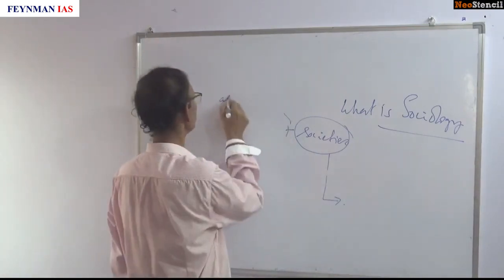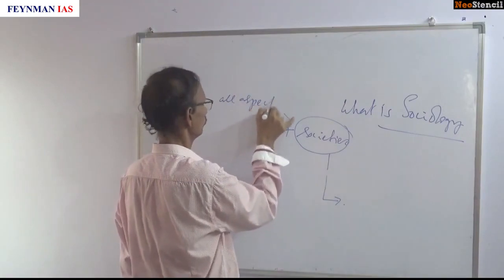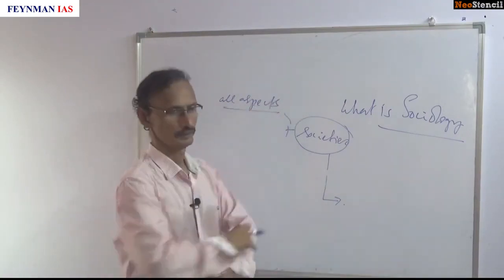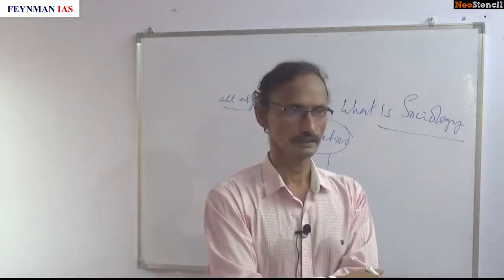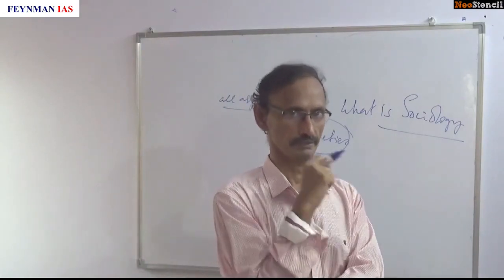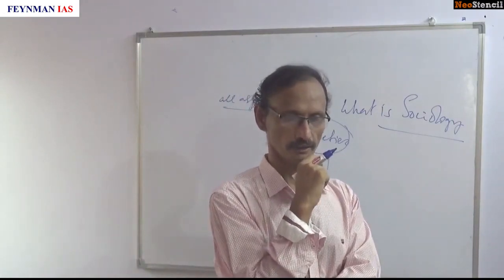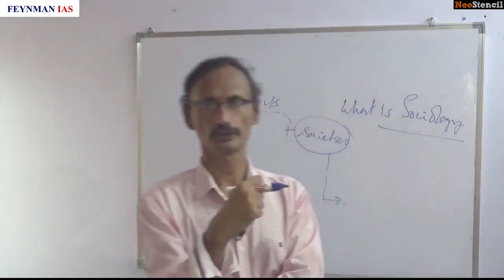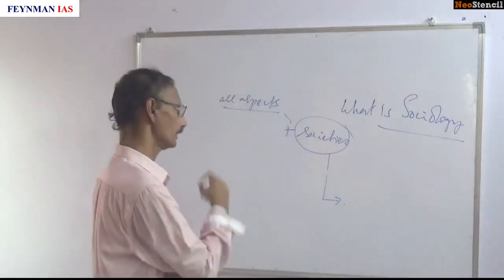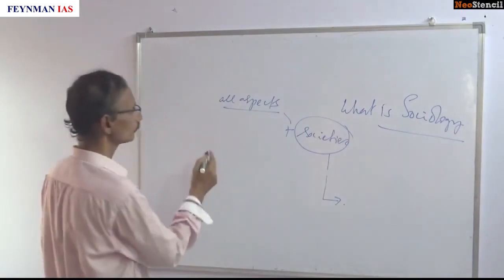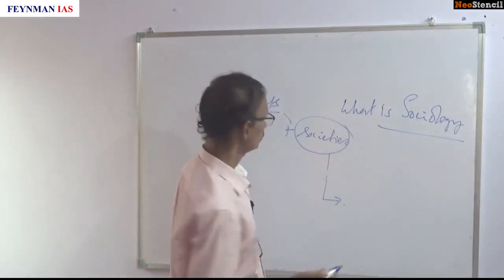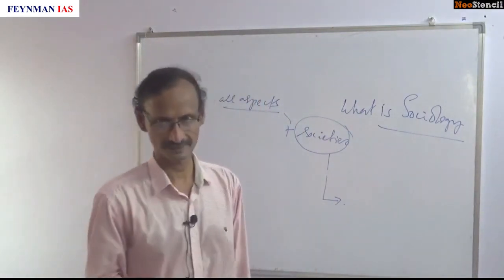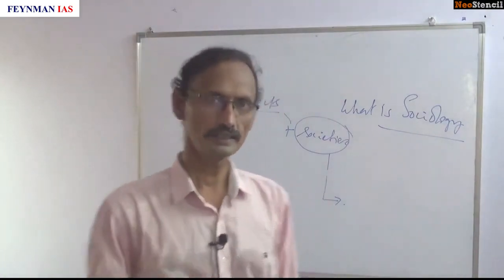Some may think societies mean the social aspect, but in the context of sociology, the social aspect includes political and economic. So, sociology is a study of the present in all its aspects.